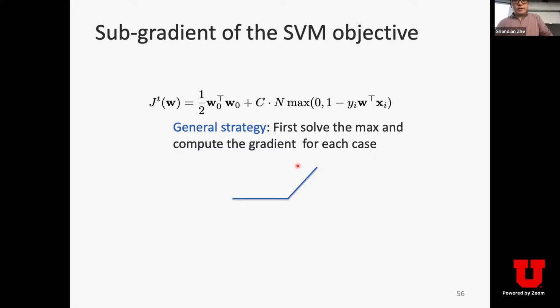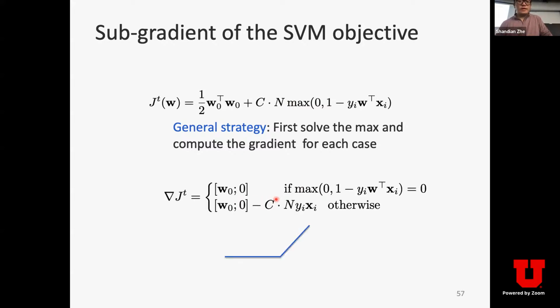First, if this max function value is simply 0, here, then we can just use 0 as the subgradient. That's the first case. If the max function is 0, that means it is in this part.